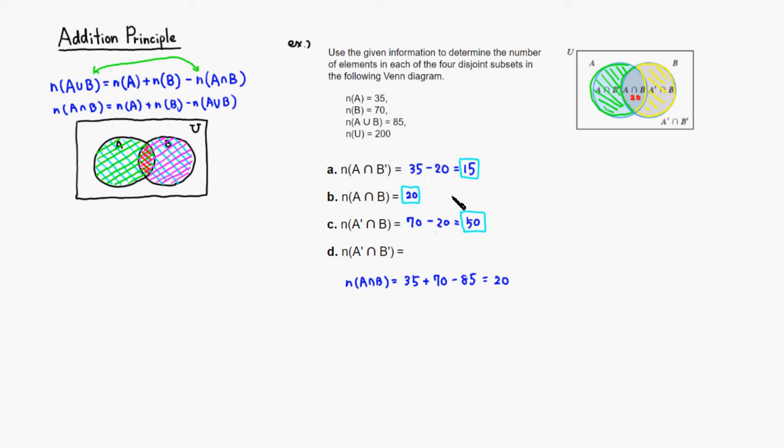Then the last one, part D, the number of elements in A complement intersect B complement. We're talking about this region right here, just the outside.